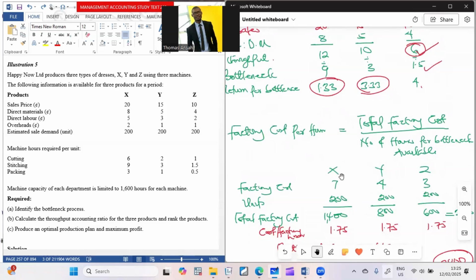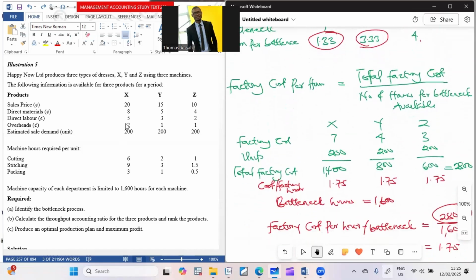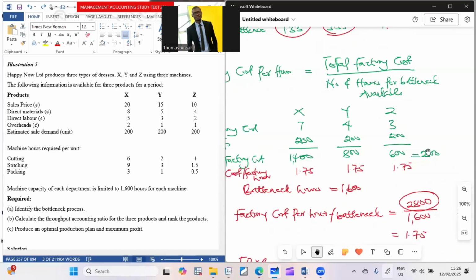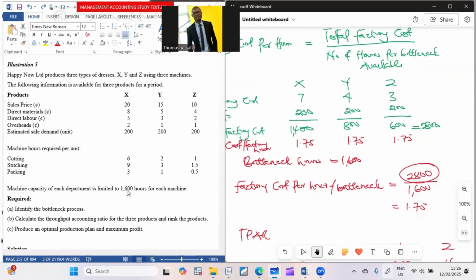You have to do for the factory hour too. Because the factory cost is this one, or any other cost apart from material cost. Then to find the total, you need to multiply each of them by the product. You get this, you have your total. Now to get the number of hours available in terms of the bottleneck, as you found this one, you know that you are limited with 1,800.